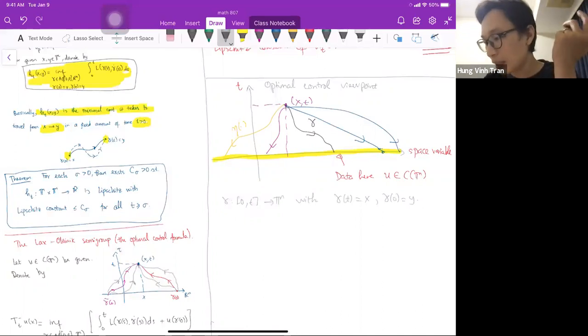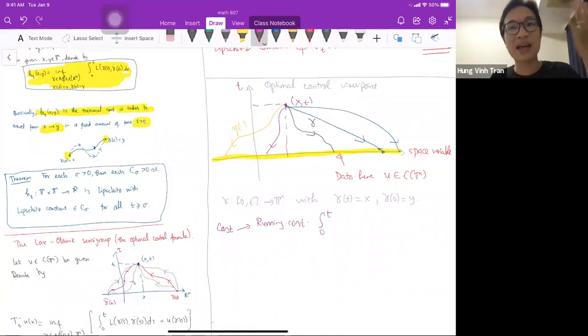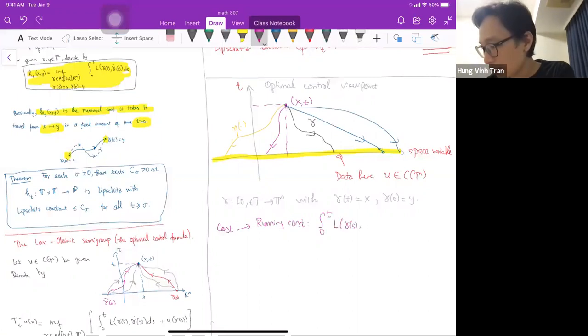And there, the cost function consists of two parts. The first part is the so-called running cost. It's essentially the amount of gasoline, the amount of whatever energy that we have to pay when we run along that path, which is the integral from 0 to t of L(gamma(s), gamma dot(s)) ds.